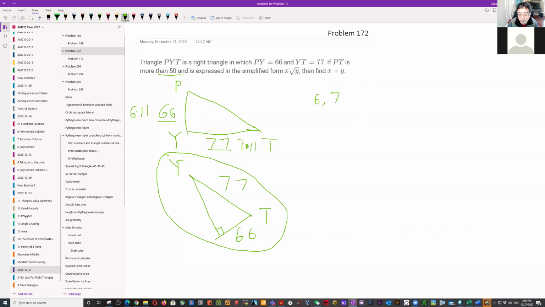Then the scaling factor is 11. The hypotenuse is the square root of 6 squared plus 7 squared, which is 36 plus 49, the square root of 85. So this actually works. And obviously you cannot factor out another square root portion.